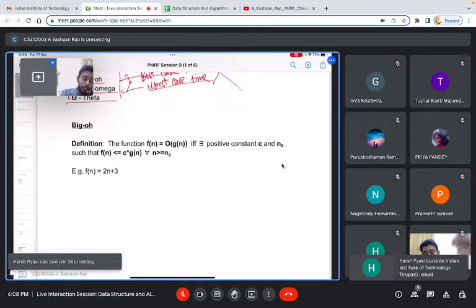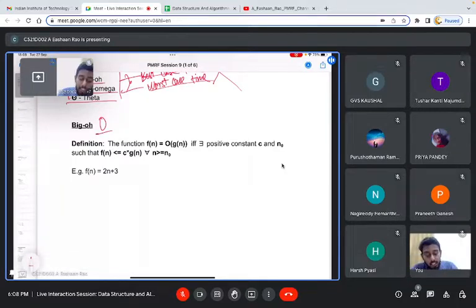Okay. So first we'll go with big O. If we go by the mathematical definition, there's a function called f(n) and a function called g(n), and we have to find the relationship between them. We have to define how g(n) will be related to f(n) in terms of time complexity.